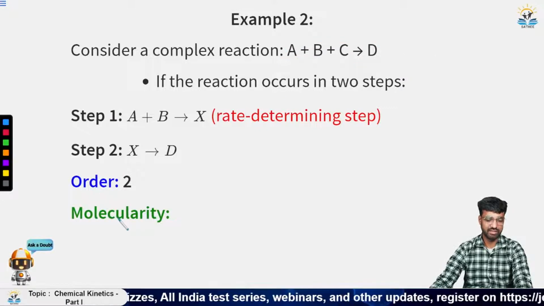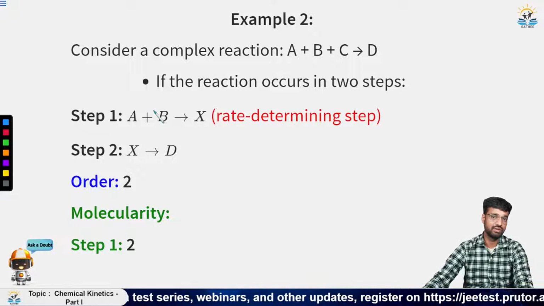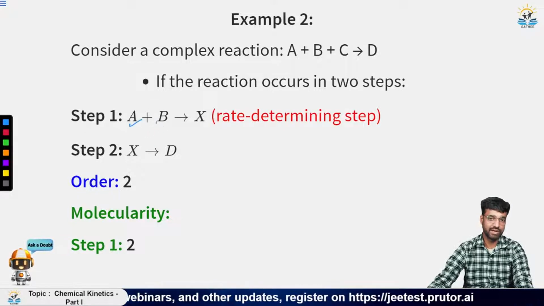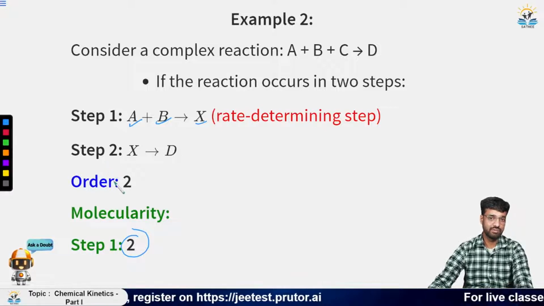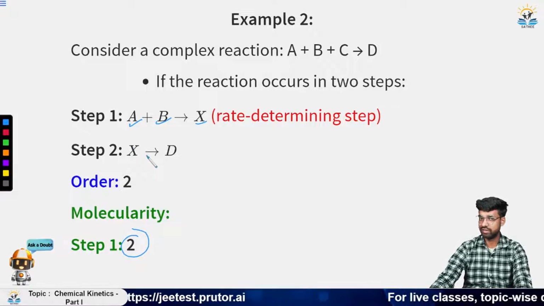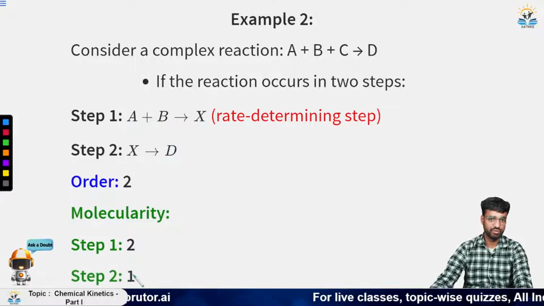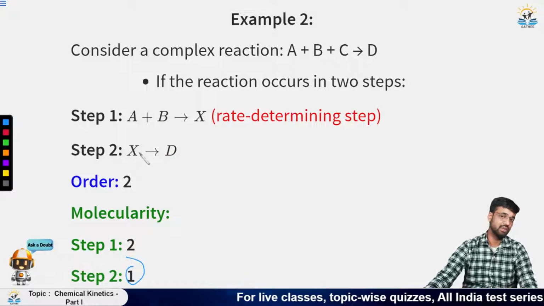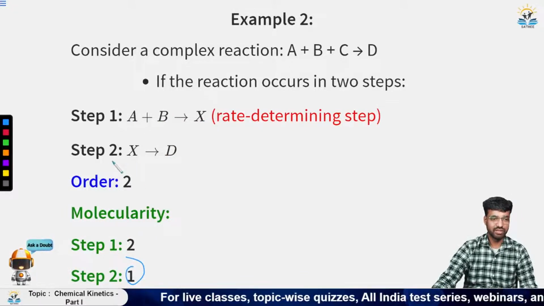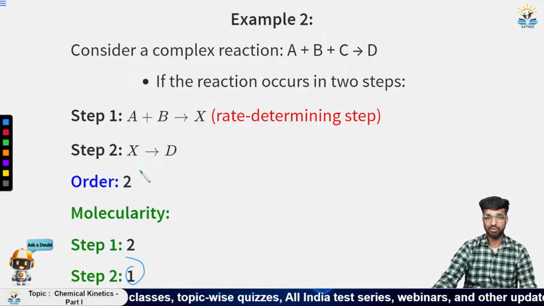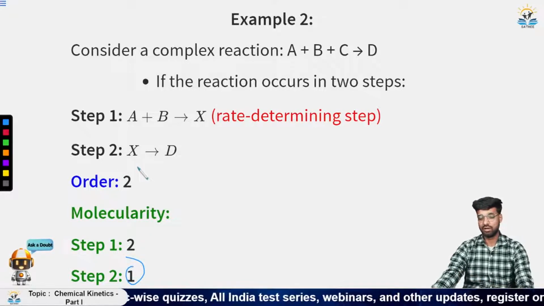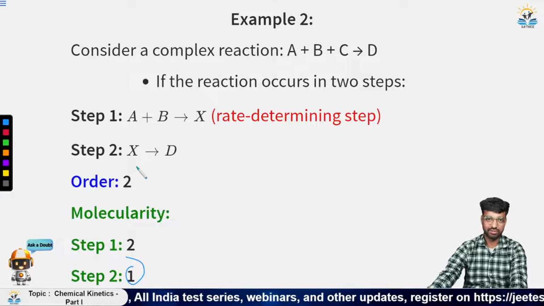Suppose we take the molecularity for step 1. We can see two molecules are colliding to give X, so its molecularity will be 2. Similarly, in the second step, only one molecule is transforming into D, so we will take it as 1. This is the difference between molecularity and order, that is, elementary reaction and complex reaction. I have shown it very well.